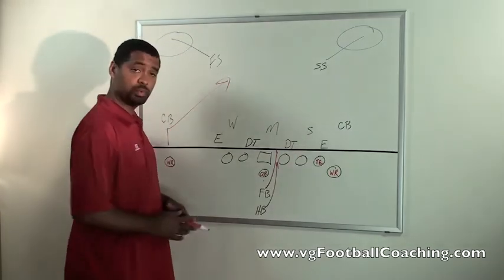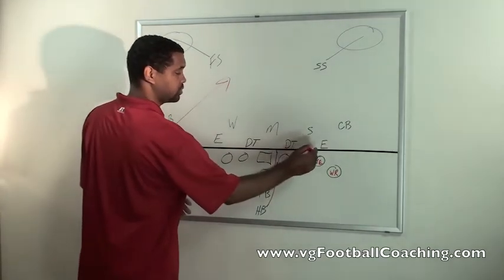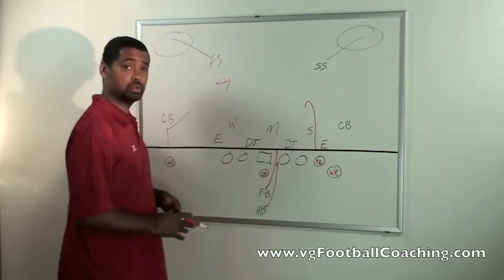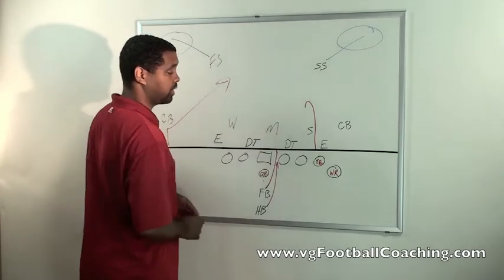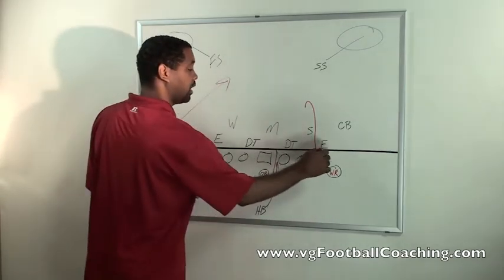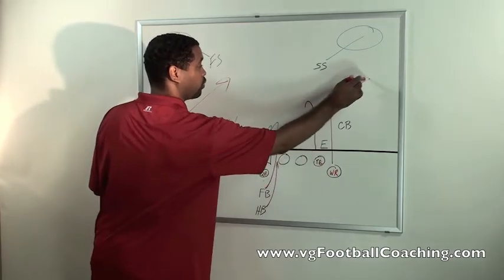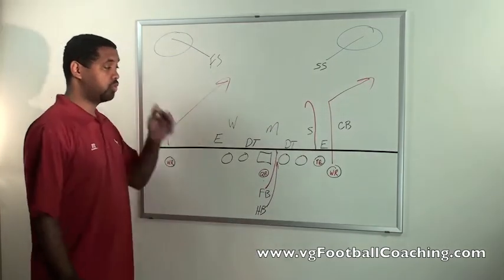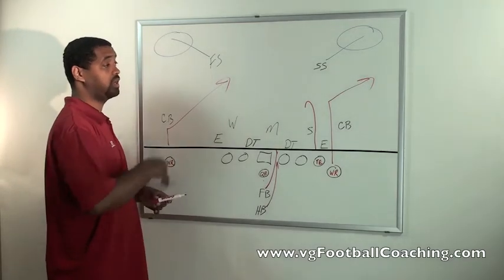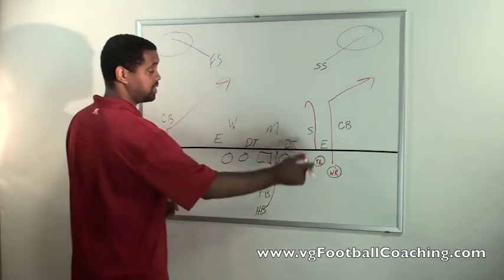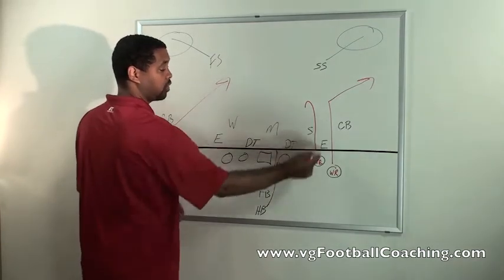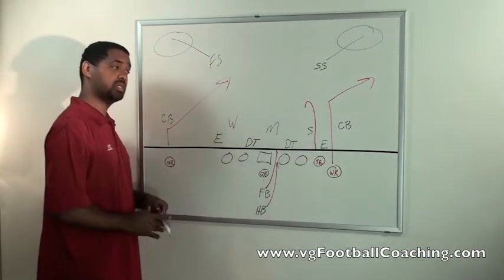The tight end, we're going to run him on a little hook route. Take our wide receiver to the right side, to our strong side, and run him on a corner route. Based on whatever the defense is in, this defense is in man-to-man coverage underneath, which means your Sam linebacker is going to take this tight end and the cornerback is going to come down to take that wide receiver.